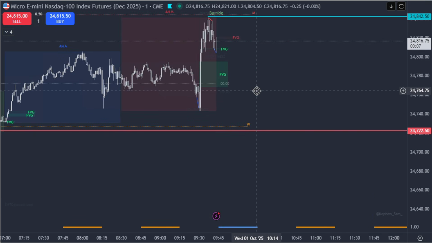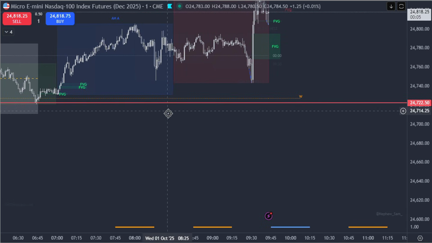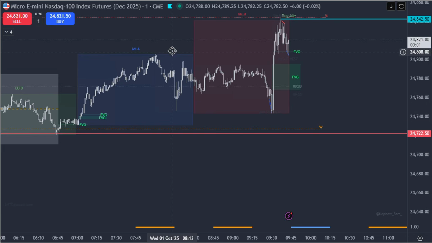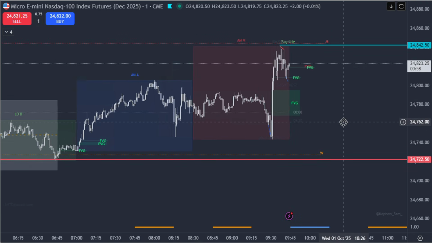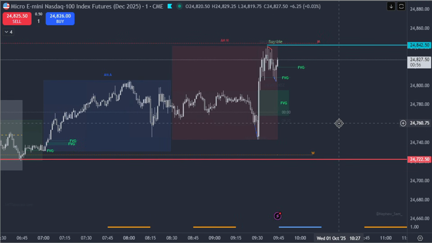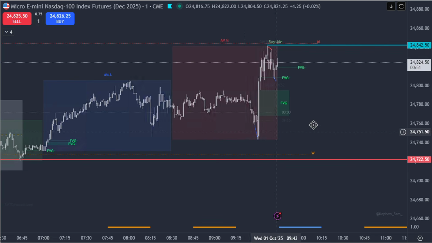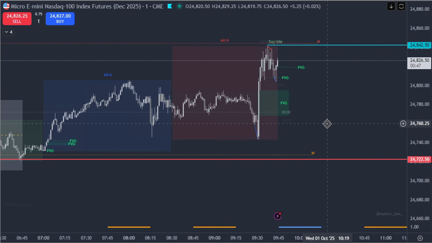I use time cycles. Why do I use time cycles, right? Because price moves using time. Whenever you use these time cycles, it allows me to identify market maker models on the lower time frame because time is fractal.